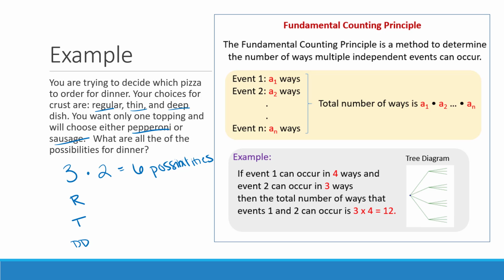For each one of your first possibilities, you have options for your topping. You could do pepperoni, or you could do sausage. So if I'm listing out all my possibilities, I would say regular pepperoni, regular sausage, thin pepperoni, thin sausage, deep dish pepperoni, deep dish sausage. So this is an example of listing out all your possibilities, or listing out your sample space.